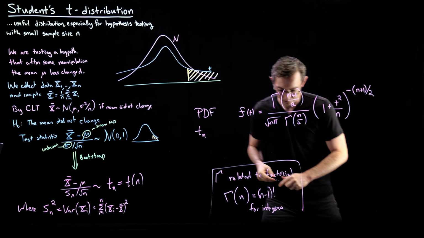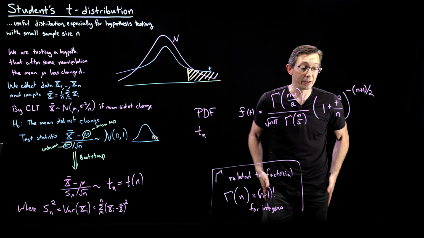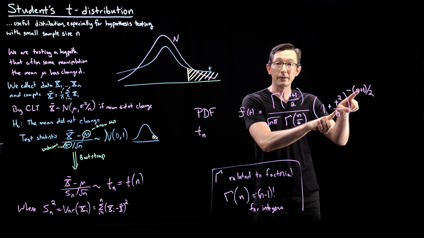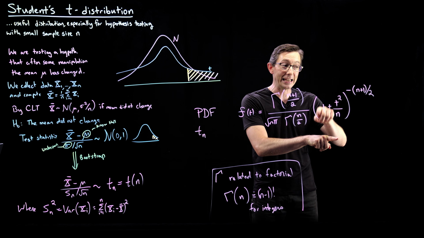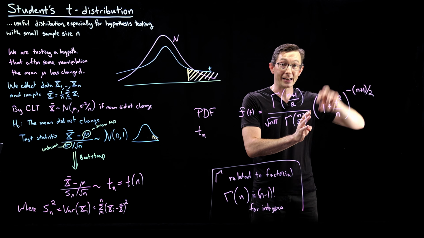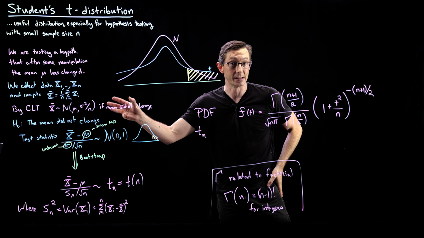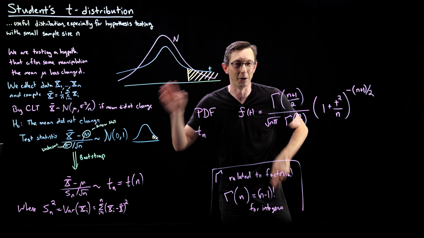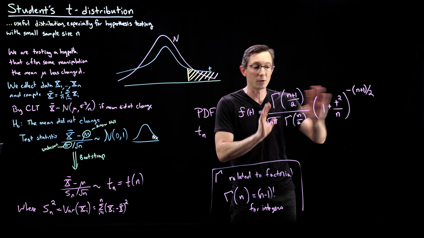over 2. Okay? And I'm not going to prove this, but if I take the limit as n goes to infinity, this starts to look a heck of a lot like e to the something. This looks like an e to the minus t squared. It's going to look a lot like a normal distribution, a standard unit normal centered at 0. So already, this is just a normalizing factor to make sure the probability adds up to 1.